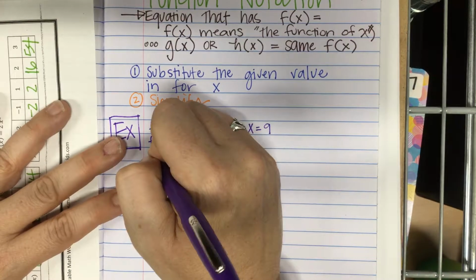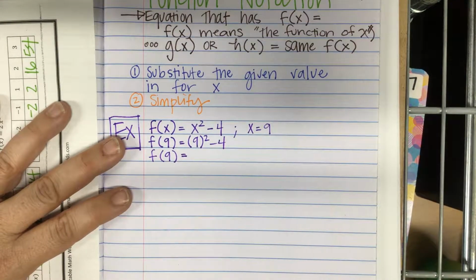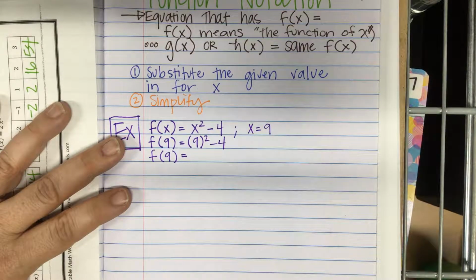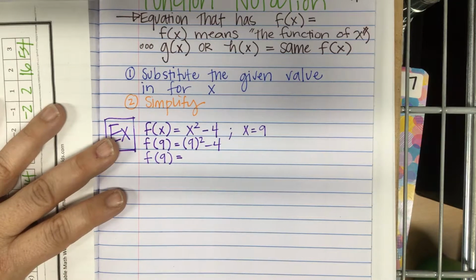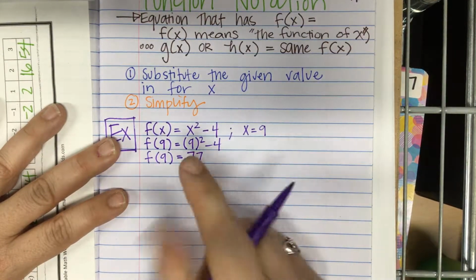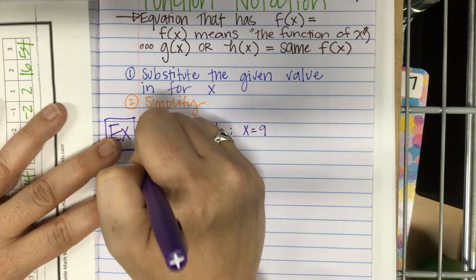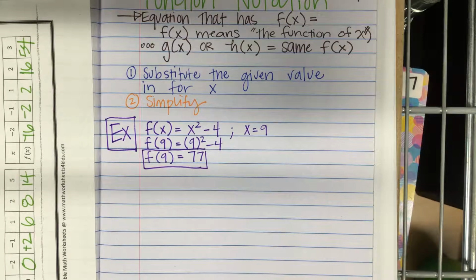Yes. The function of 9: 9 squared is 81. 81 minus 4 is 77. The function of 9 is 77. And I'm done.